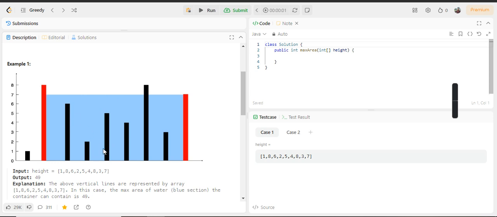By this we get the area: the smaller of the two heights times the length. Length is j minus i, where j is the index of the end line, and the first line is i.